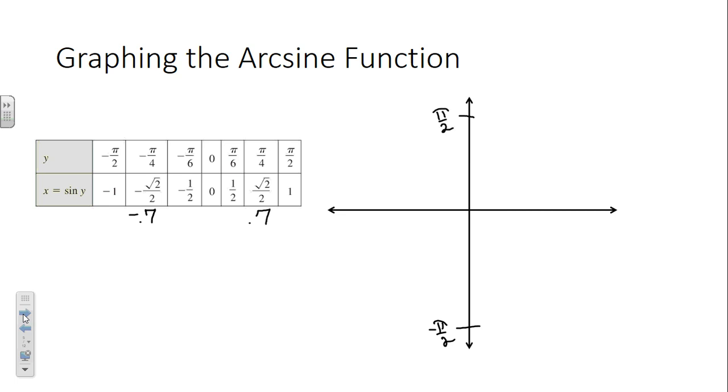And we'll need a positive 1 and a negative 1 on the x-axis. Kind of like graphing logs. Remember how those were kind of weird, right? Versus exponential, same idea. Okay? And we're going to go halfway between, which will be a pi over 4. And we'll have a half.